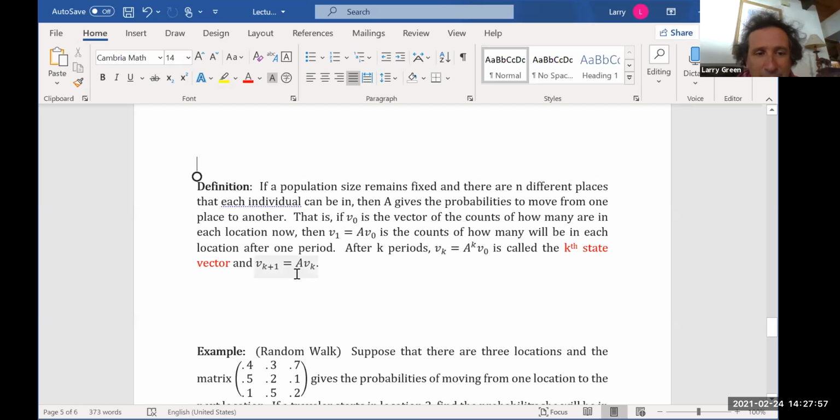And V(k+1) is equal to A times Vk. Because if you know after 11 years how many are in each state, and you want to find out after 12 years how many are in each state, then you just take A times the vector for 11. Do you see that?